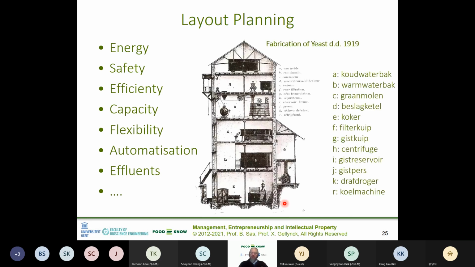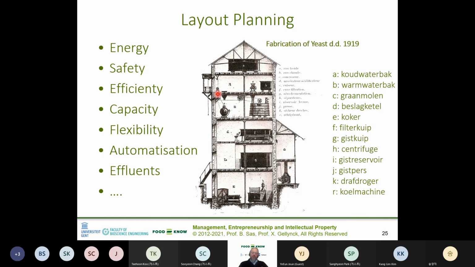And here you see, for instance, from the beginning of the previous century, a yeast factory done in a very efficient way. Sorry again for all the different steps in Dutch, but the idea was to use gravity for continuous flow. They started all the way up, and then by gravity, the different intermediate products were moving down, flowing from one level to the other for the next step, the next activity. Finally, they ended up at the bottom where the yeast could be loaded and moved to the customers.